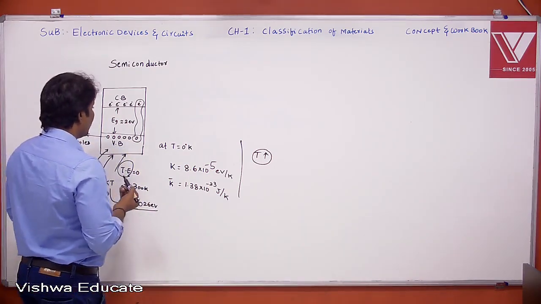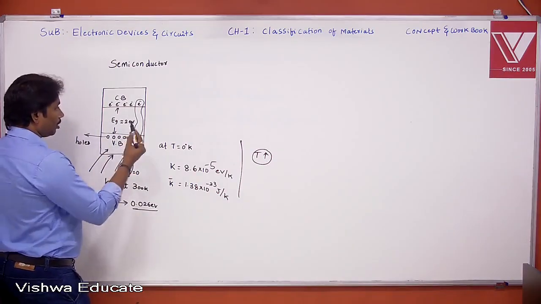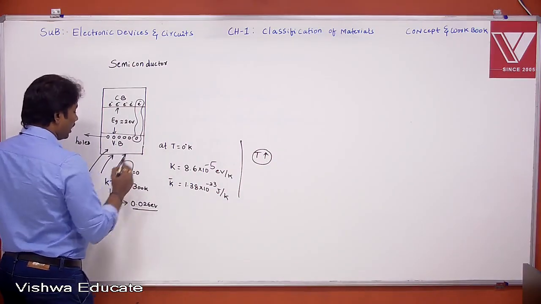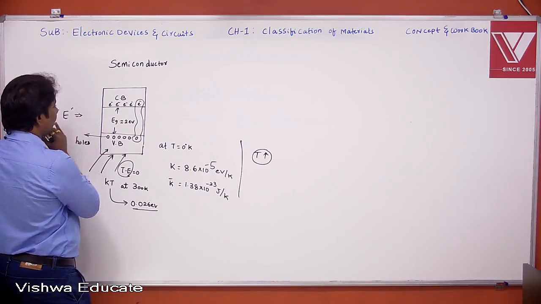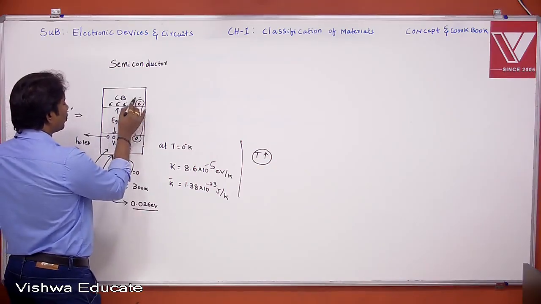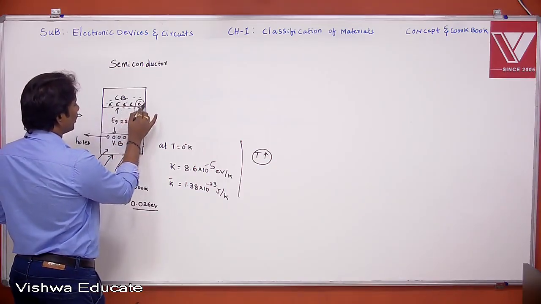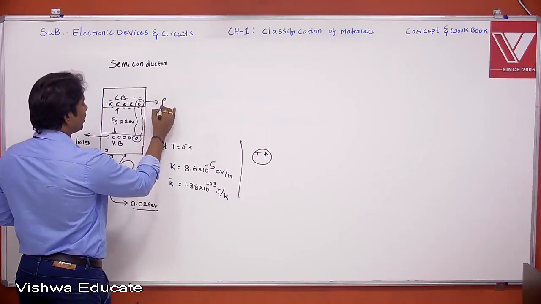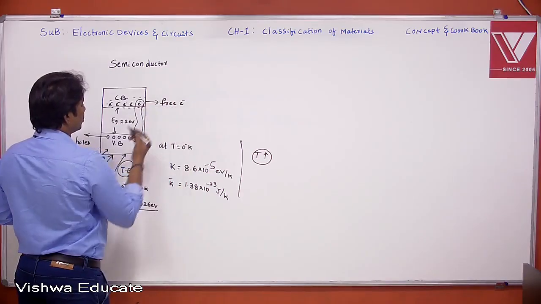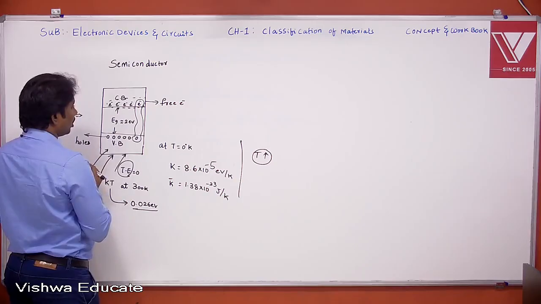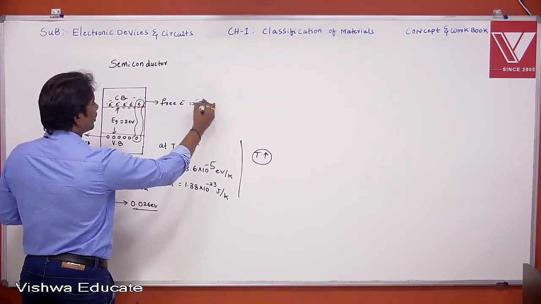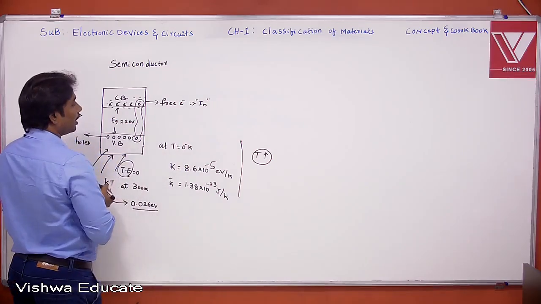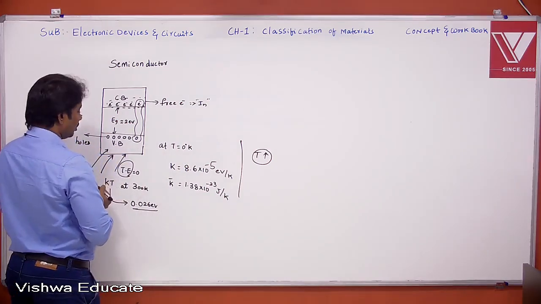Next, when an external electric field is applied, the free electrons can move in the conduction band and produce a current. That current is the free electron current, denoted by IN.